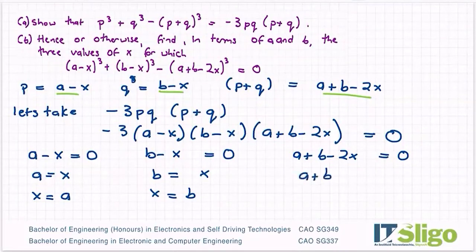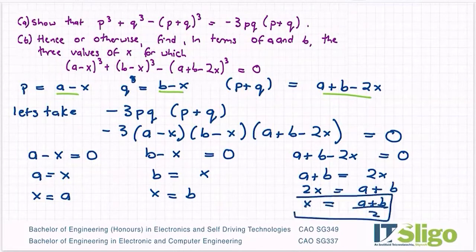I have A plus B equal to 2X. Or let's just swap the sides, and let's divide across by 2. So they are my 3 values of X in terms of A and B.